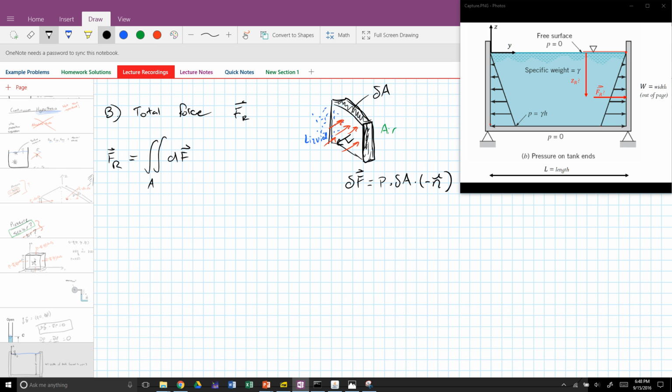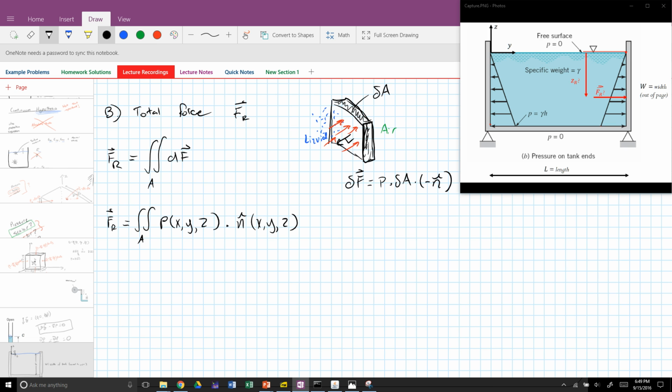I write normal as a function of space because later we're going to move on to curved surfaces where the angle of the normal vector may change at different points along the surface. Right now we're dealing with planar surfaces. We don't have to worry about it. Normal is going to be considered a constant, but in the next lecture that won't be the case any longer.